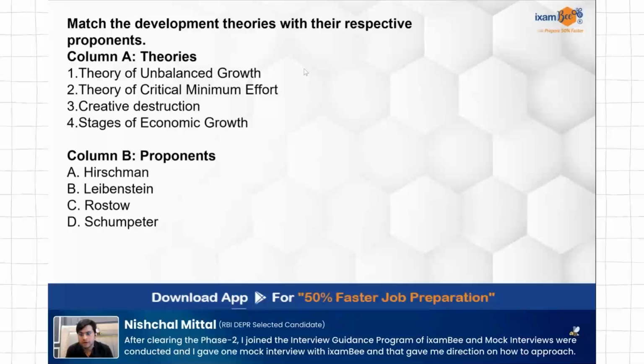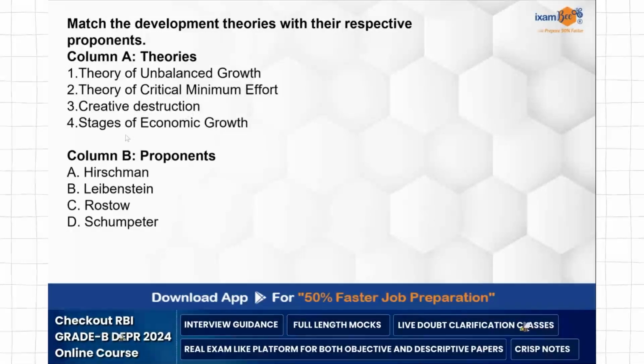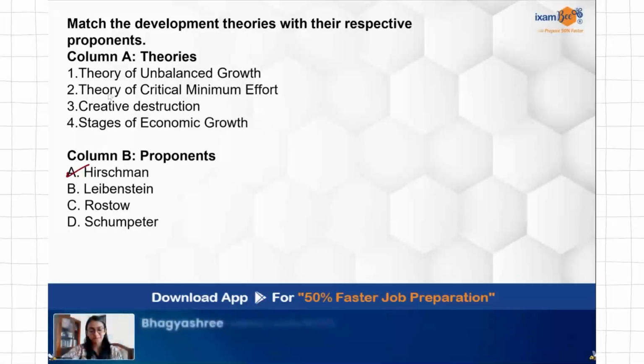Okay. Now match the development theory with their respective proponents. Theories are theory of unbalanced growth, theory of critical minimum effort, creative destruction, stages of economic growth. So very popular theories. In this case, theory of unbalanced growth will be matched with Hirschman.